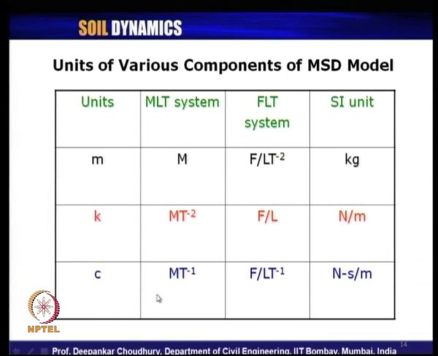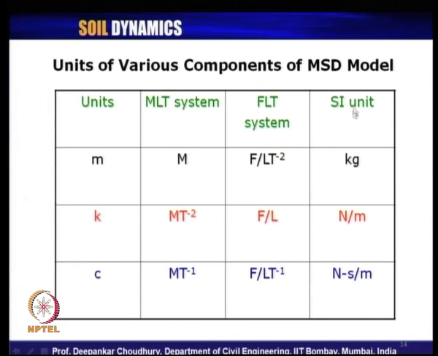For the damper, the unit is mass by time, that is mass t to the power minus 1. In the FLT system, the unit for mass is force by acceleration, so F L inverse t square. For spring constant, the unit in the FLT system is force by length, and for the damper, the unit in the FLT system is force by velocity, so force times length inverse t.